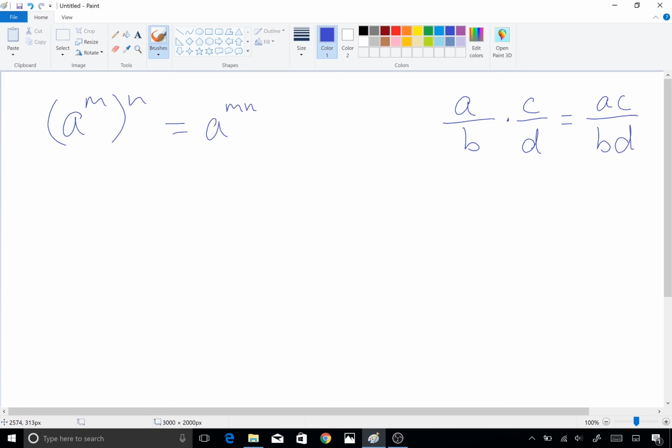An example, 7 to the 2/3 to the 5/7 power would be 7 to the 2/3 times 5/7, and that equals 7 to the 10 over 21. The 21st root of 7 to the 10th power.